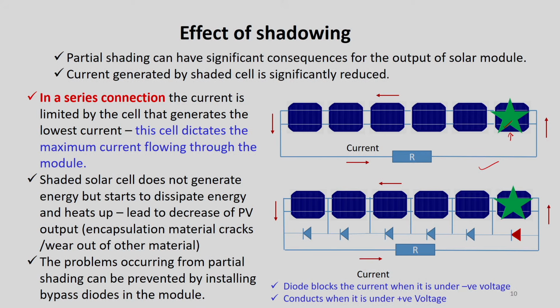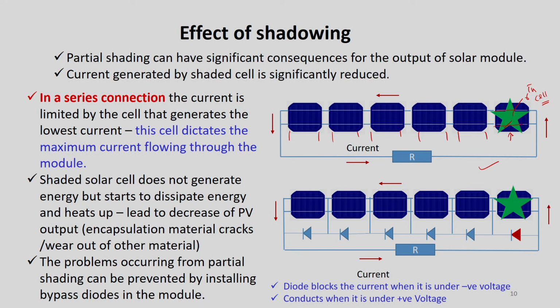If we consider the case of a series connection, the current is limited by the cell that generates the lowest current. So, as you can understand, what happens when it is shadowed? Current generation will be very low in the case of this 6th cell.